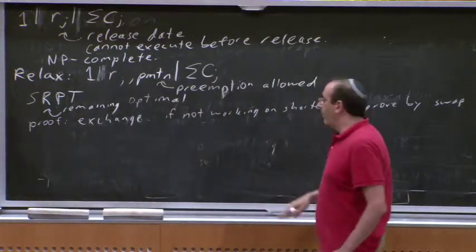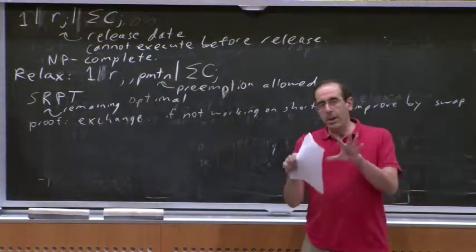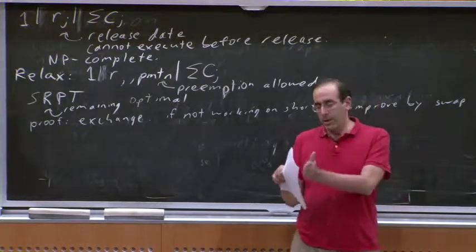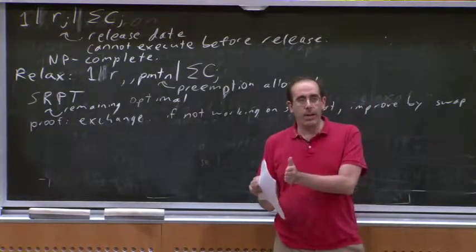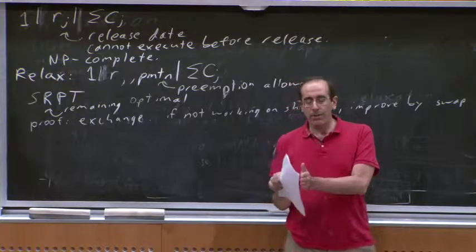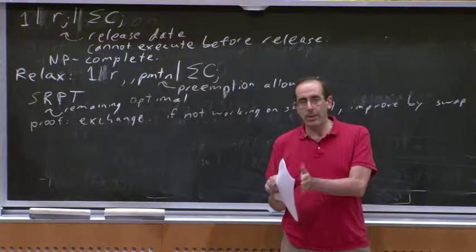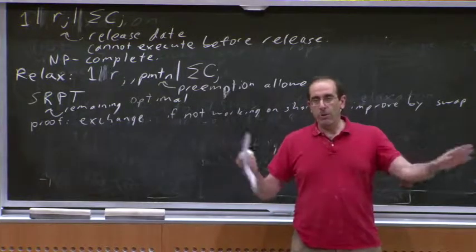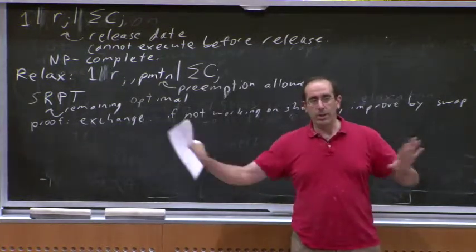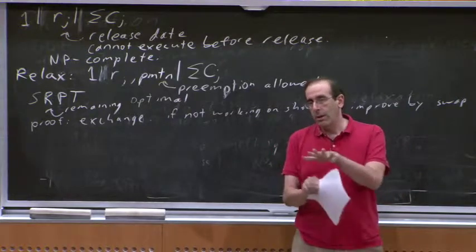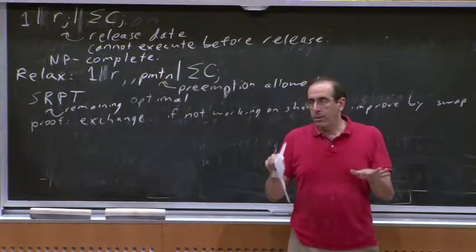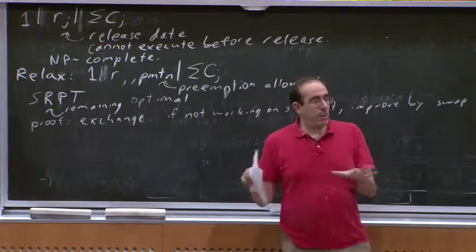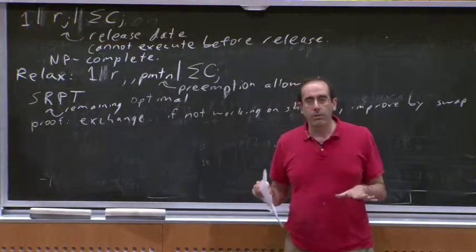But what I can do is I can fix my attention on any two jobs, right? So here's a time when I'm working on not the shortest remaining processing time. So let's also find the job that has the shortest remaining processing time and just look at the current job and the shortest job. If I don't move anything else around, none of the other completion times change. So if I can argue that there's a way to swap things that change things just for these two jobs, then I will have derived my contradiction, right?